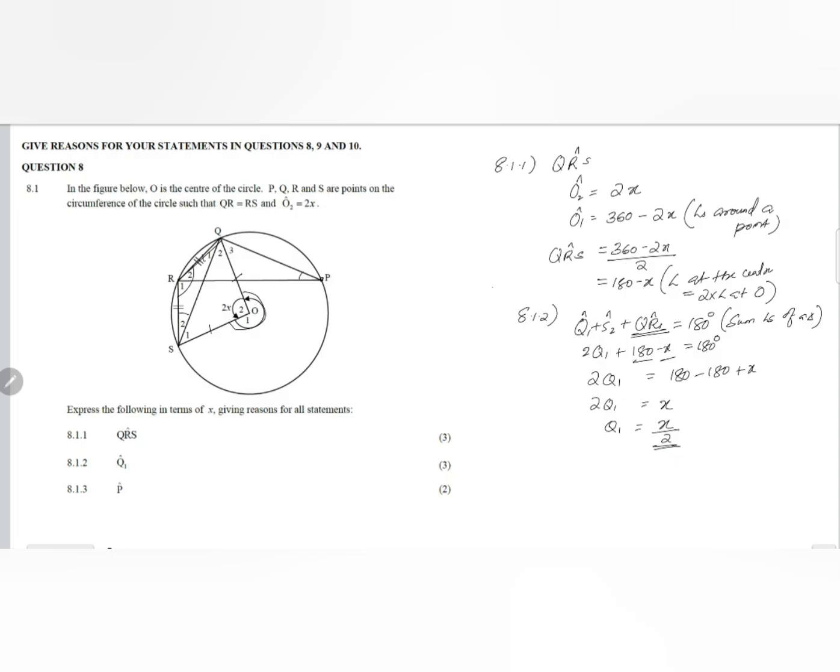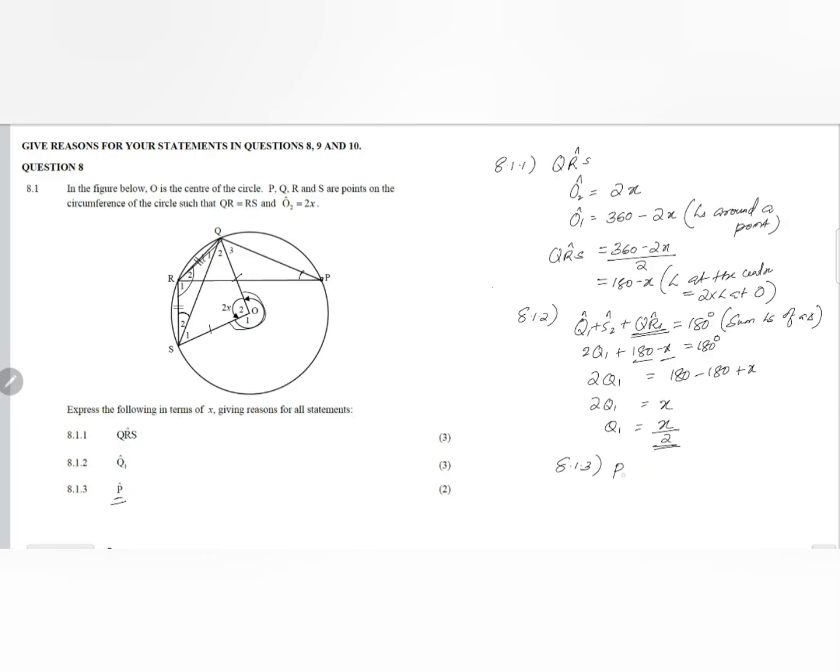Okay, now we go to 8.1.3. What is the question? You have to find the value of P. Since P and S2 are the same, what is the reason? Angles in the same segment, or angles subtended by the same chord. You can do that question. It's a 2 marks question.